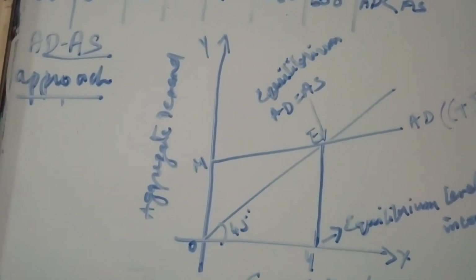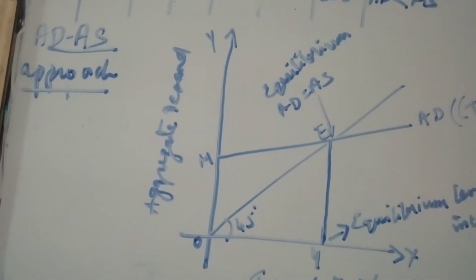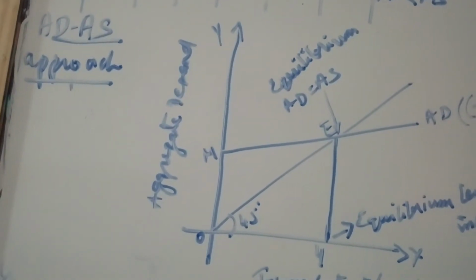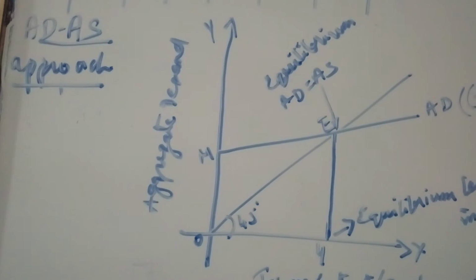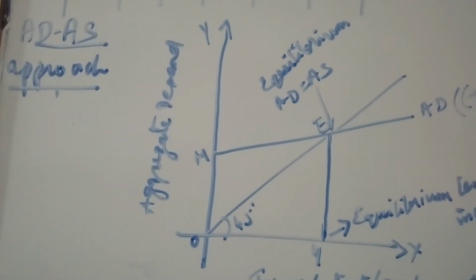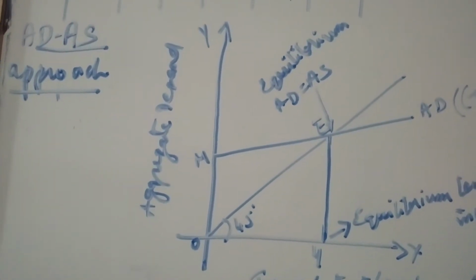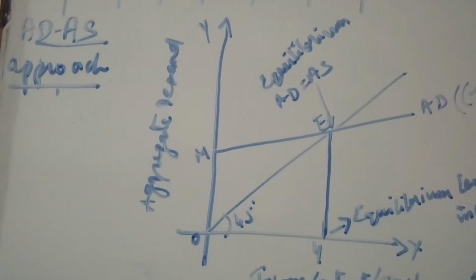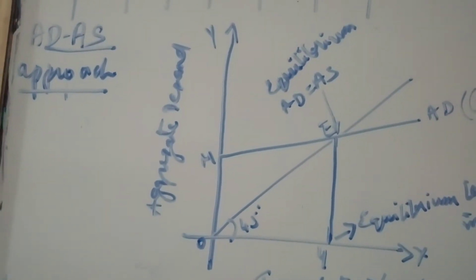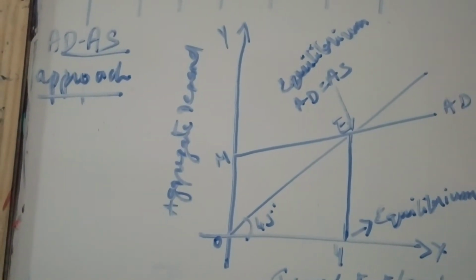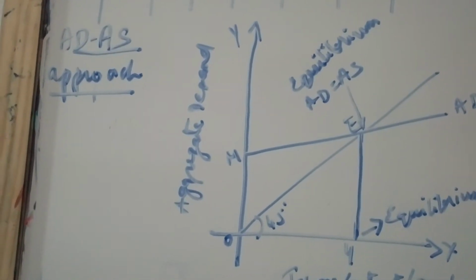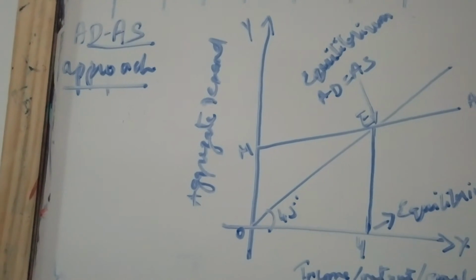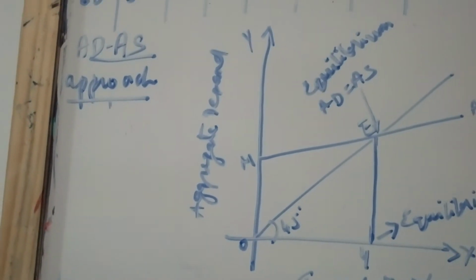So the economy is in equilibrium at point E, where aggregate demand and the 45-degree line intersect. So E is the equilibrium point. So the level of desired spending on consumption and investment exactly equals the level of total output. So OY is the equilibrium level of output corresponding to point E.